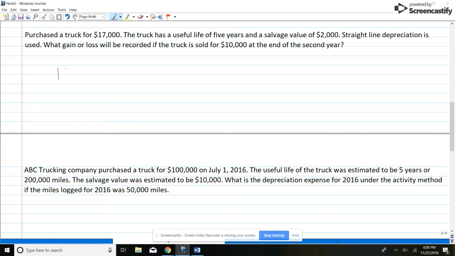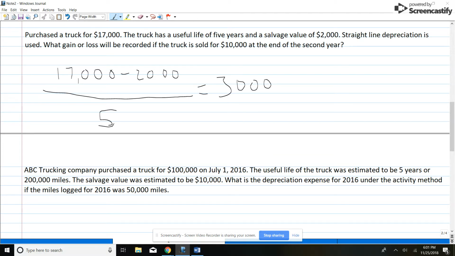So it's kind of the same steps. Remember to pause the video and try it for yourself before I start talking about it. So this should make sense. Cost minus salvage value, or depreciation base, divided by 5. Again, this gives us our depreciation every year, and this should be 3,000.